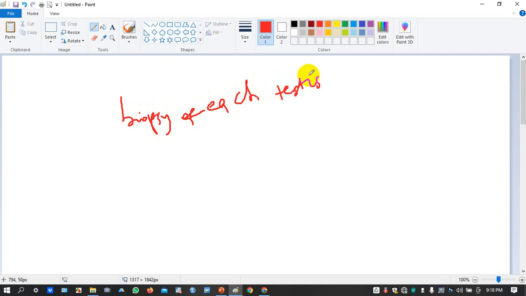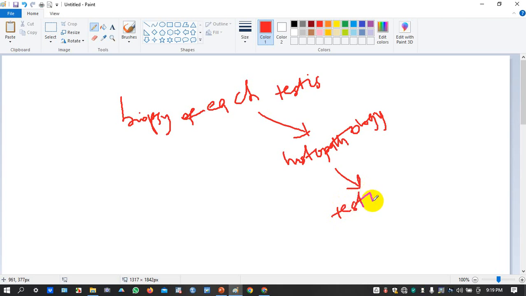After taking a biopsy of each testis, you do histopathology, the study of diseases that are associated with tissues. After the histopathology, you want to find out whether there is normal testicular function, whether the testicles are functioning.